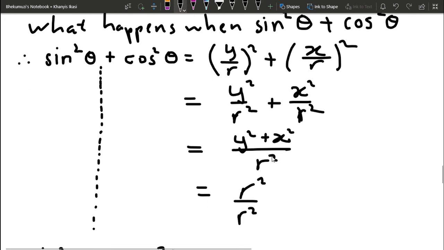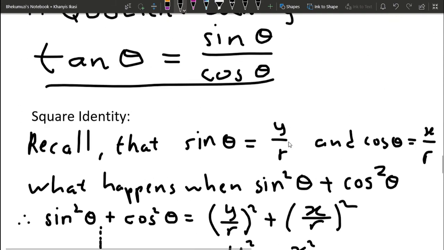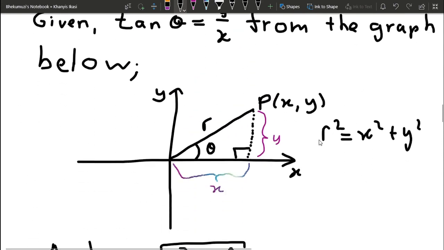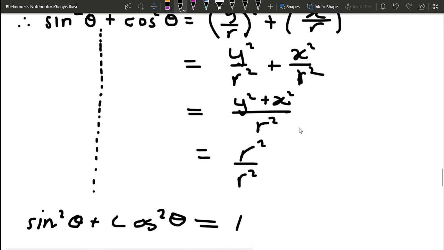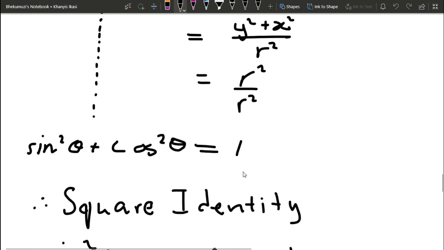So once we add the numerators, we have y squared plus x squared. But remember what I said about the theorem of Pythagoras, that r squared is equal to x squared plus y squared. Therefore, we can substitute y squared plus x squared by r squared, and so we'll have r squared divided by r squared, which is just 1.